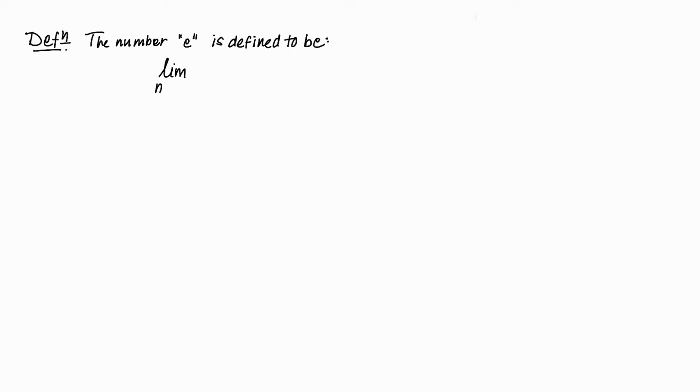The limit as n approaches infinity of (1 plus 1 over n) to the n. And this ends up being approximately 2.71828, and so on. So first of all, we're defining e here.